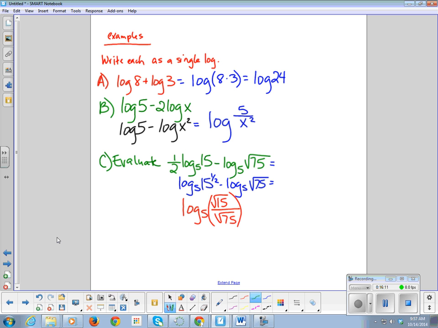I'm going to rewrite this with everything underneath the square root. 15 over 75, what does that reduce to?